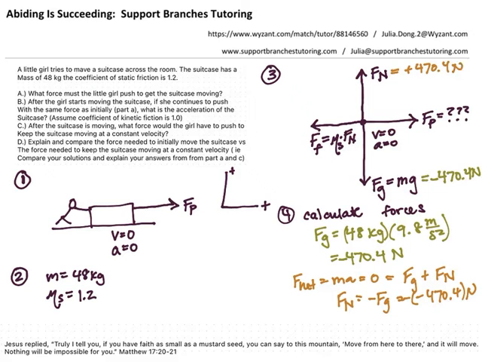So again, as long as we don't have any acceleration in the vertical direction, we expect the normal force to be equal but opposite. And again, we're not at an incline or anything else that's making this more challenging. So those are equal and opposite.